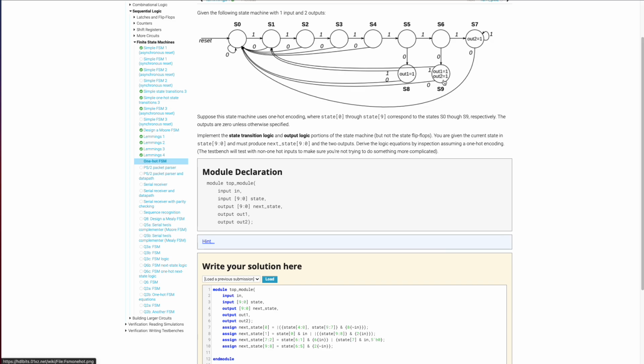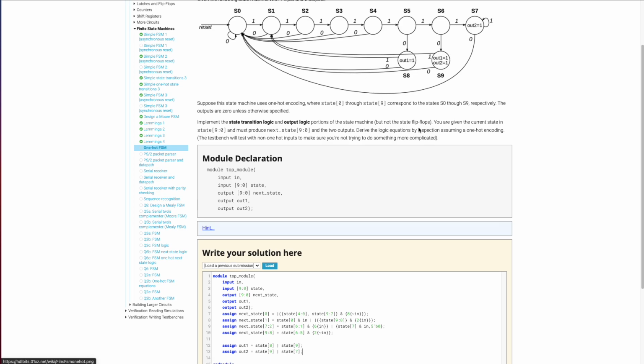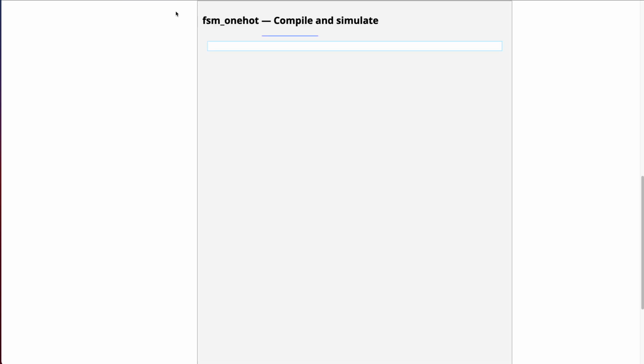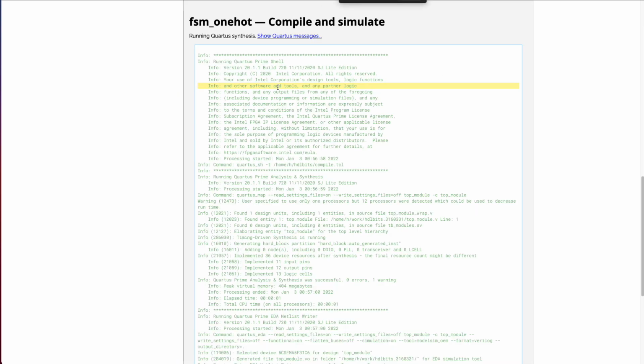So that'll be the next state. And then assign out 1 equals state of 8 or state of 9. And then assign out 2 is state of 9 or state of 7. That's quite a bit to implement.